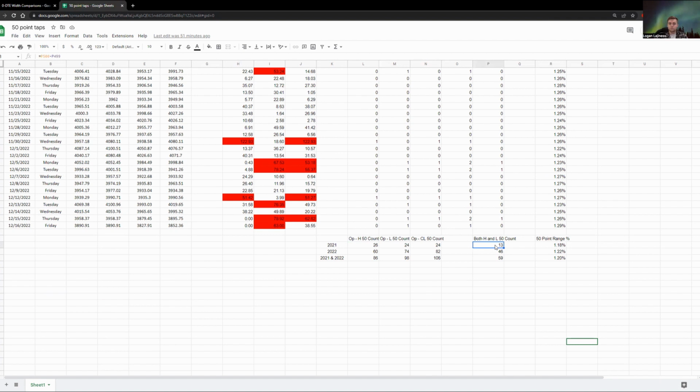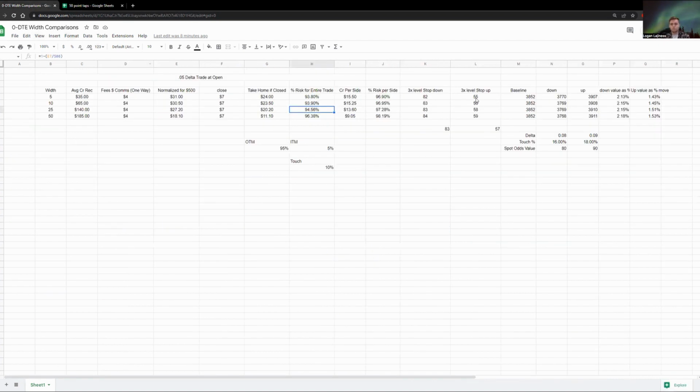So if you're trading one of these far outside the money credit spreads, these five deltas, you have to come to the understanding that your stops are going to get touched a lot, right? Because when we went back here, we calculated that the price level for a 3x stop loss was 57 to the top side.